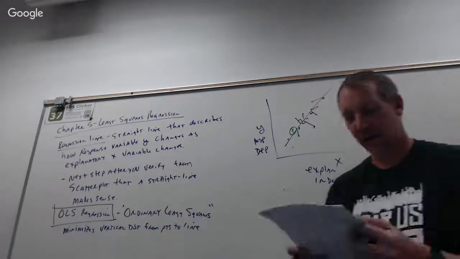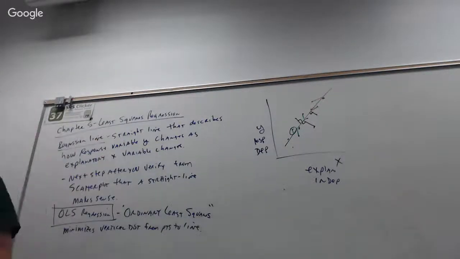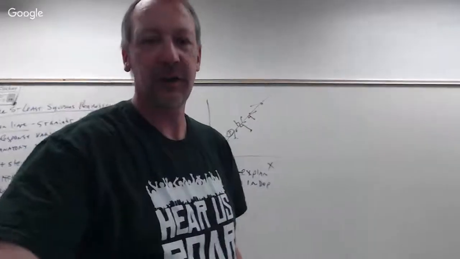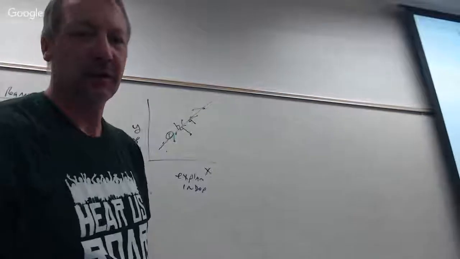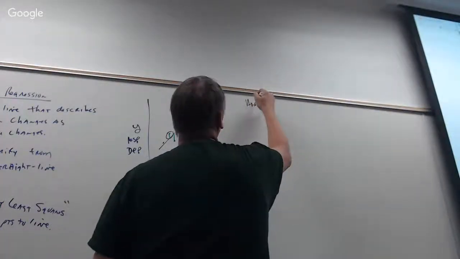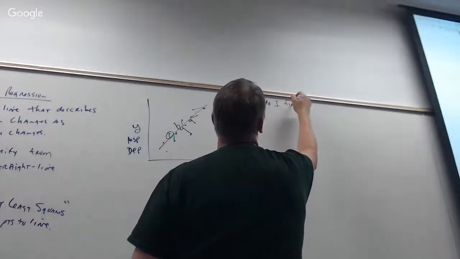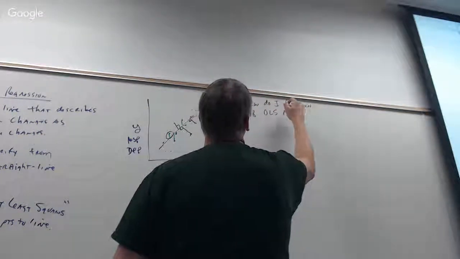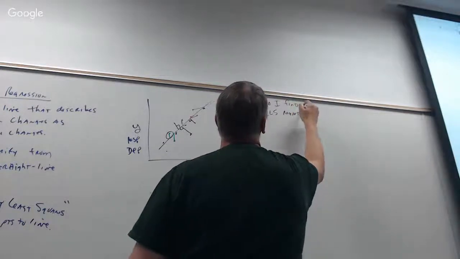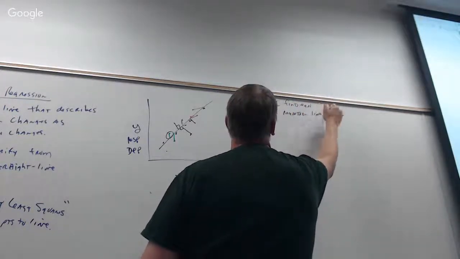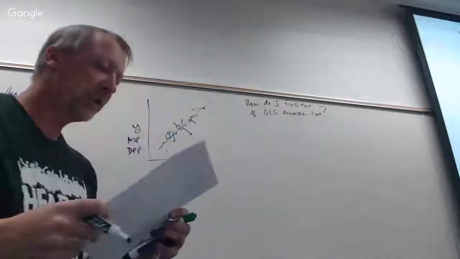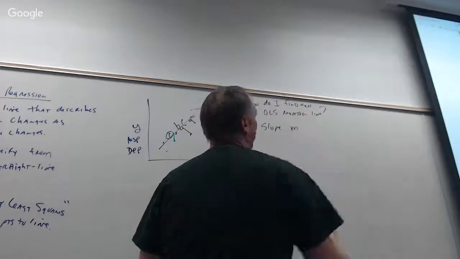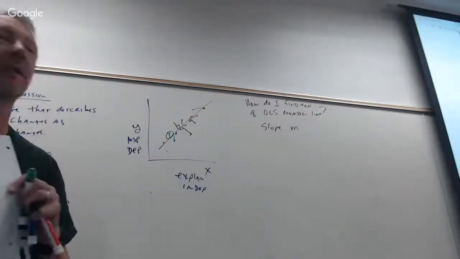Okay? All right. Now, how do you find the line? How do I find the equation of the OLS regression line? Okay? So there's two formulas. You can think of your slope. Typically, we refer to the slope as m, right?